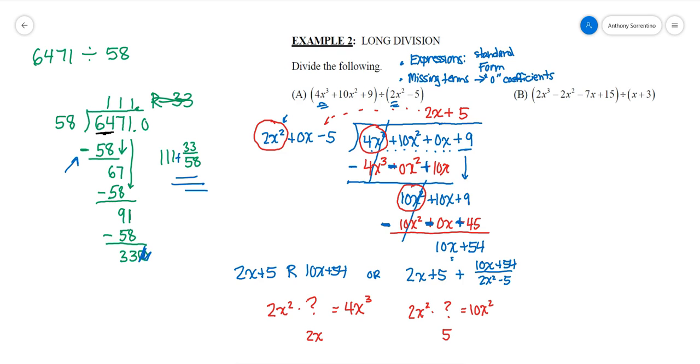In the next one, I'm taking an x cubed expression and dividing it by an x expression. So I have a degree 3 polynomial expression being divided by a degree 1 polynomial expression. The more of a discrepancy between those degrees, the more steps there are in this process.